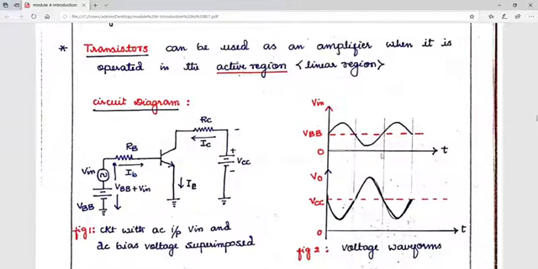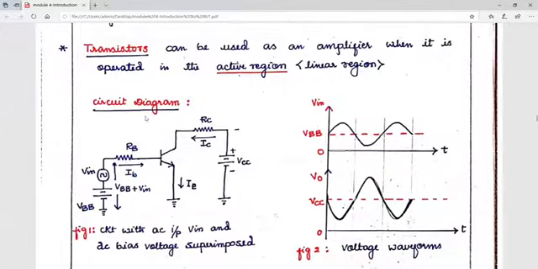Now if this is my particular input, this is my zero reference line, but since I'm adding a certain amount of DC bias to the input, my input will be a little bit DC shifted. You can see the input of this particular order, and my output will be amplified and also 180-degree phase shifted. Why?